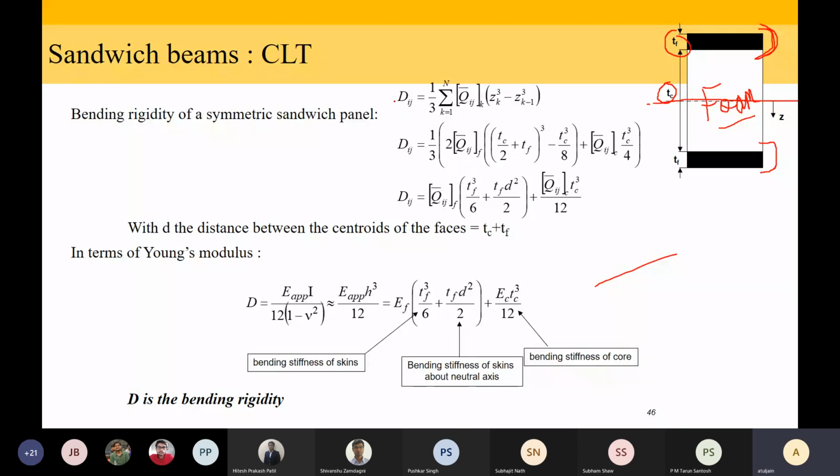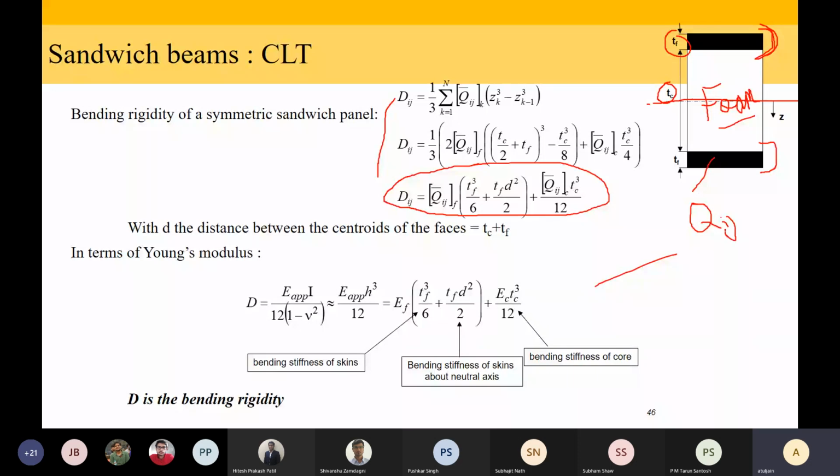Please check and make sure you are getting the same expression for Dij. Calculate Dij if TF/TC is given and Qijf and Qijc are the Q matrices.